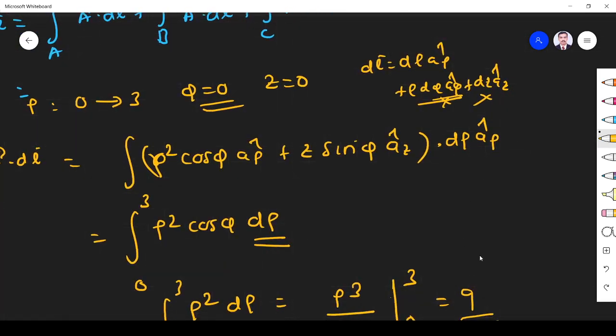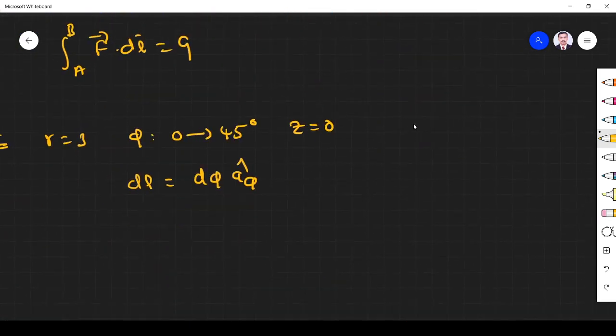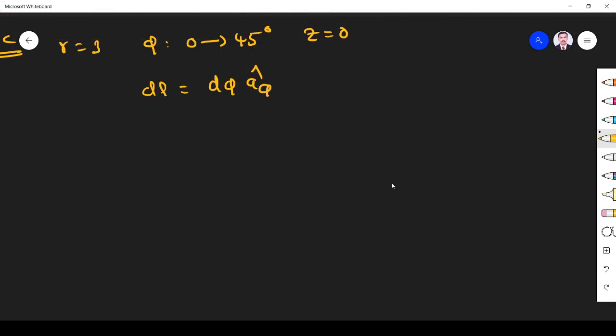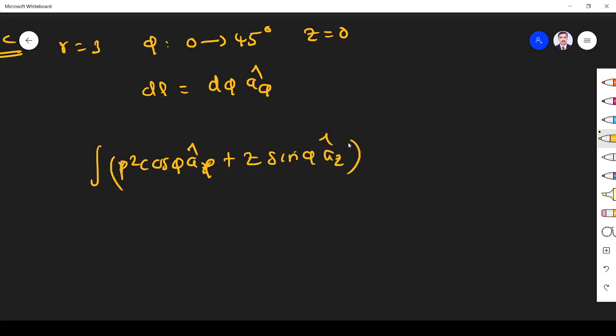Okay, now we will go and see. What is the integration? Integration is F dot dl. F is given by r squared cos phi a_r plus rho squared cos phi a_rho plus z sin phi a_z.